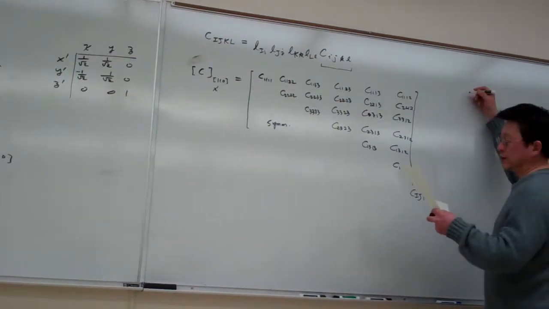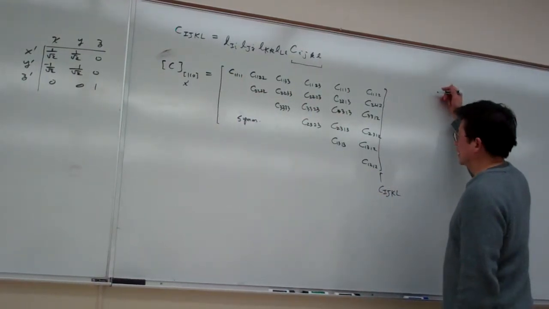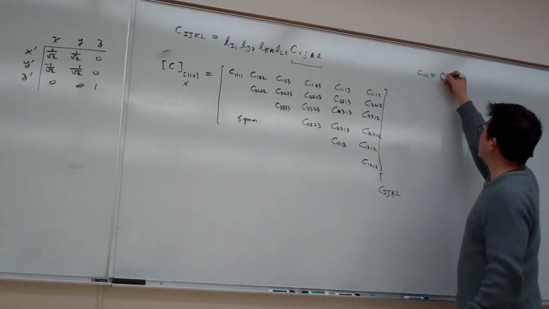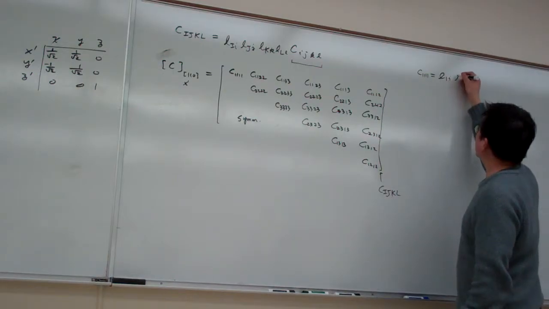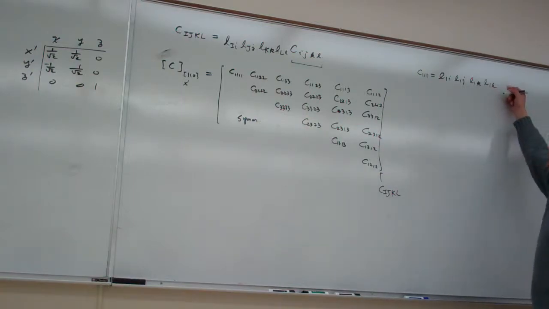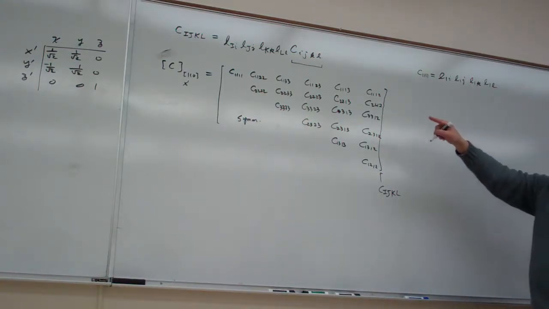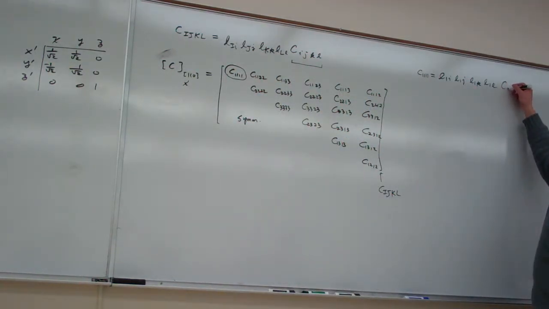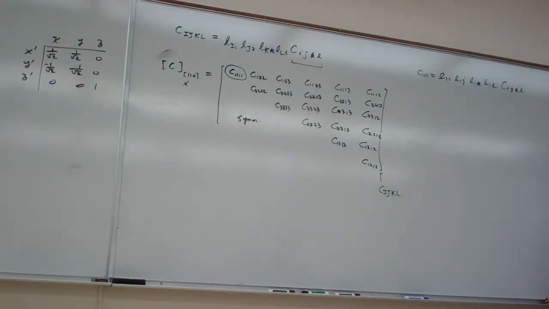So for C'_1111, basically apply this formula l_1i, l_1j, l_1k, l_1l. Okay, using capital IJKL equal to 1111. Right now I'm looking for this number. Okay, and then this is C_ijkl. Okay, now we're going to enumerate ijkl. Each index ranges from 1 to 3, in total 81 enumerations.